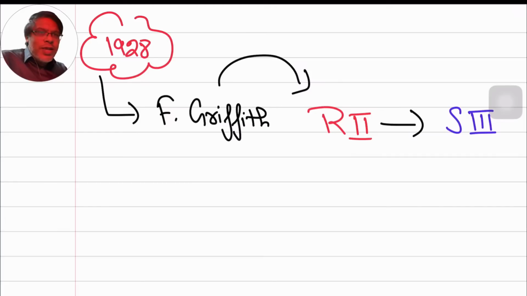Now here I just want to tell you, you must be knowing in the year 1928, Frederick Griffith did the experiment using Streptococcus pneumoniae. In the case of Streptococcus pneumoniae, you are going to have two strains, one is the R strain, another is the S strain. What Griffith found: R strain of Streptococcus pneumoniae gets transformed into the S strain of bacteria.